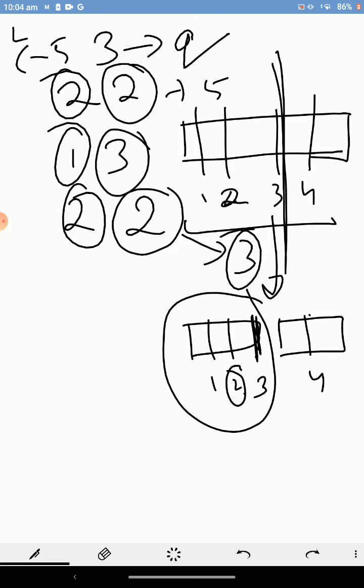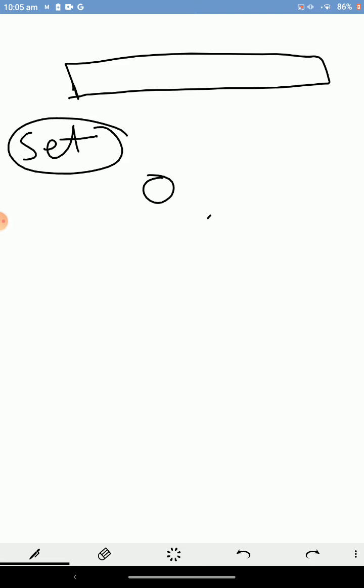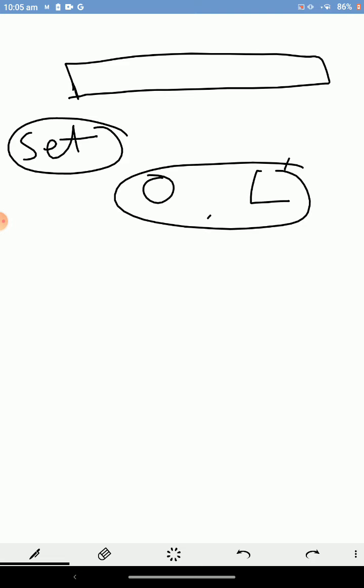So now we'll get on to the intuition behind this problem. Firstly we'll take a set, and in that set we'll insert 0 and the initial length. Now suppose the query is of type 2, and we'll make two functions out of it.